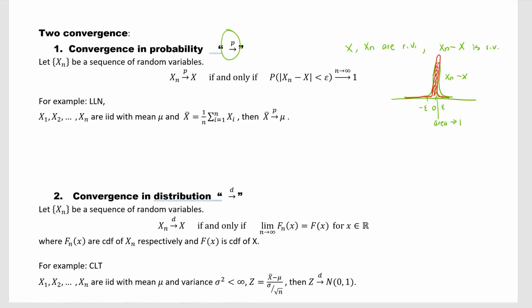That's why the probability of the sample mean minus the population mean being less than epsilon goes to 1 when n goes to infinity. So the sample mean approximates the population mean.